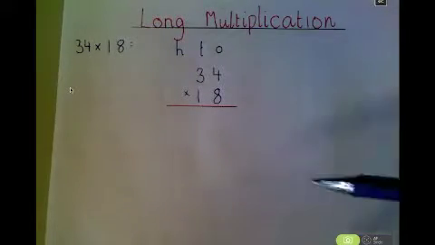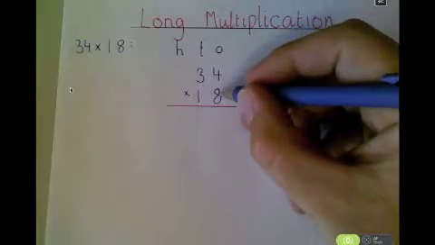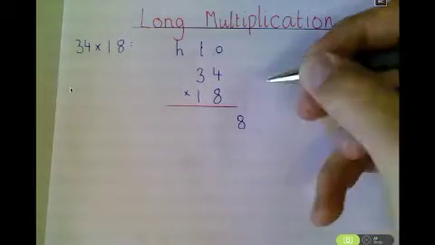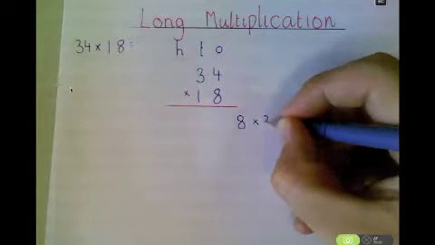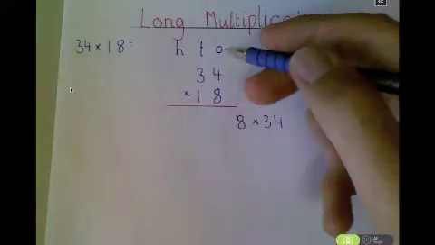When we're timesing two digits by two digits, we need two lines to work out. The first line is going to be 8 times 34. And the second line is going to be 10 times 34.